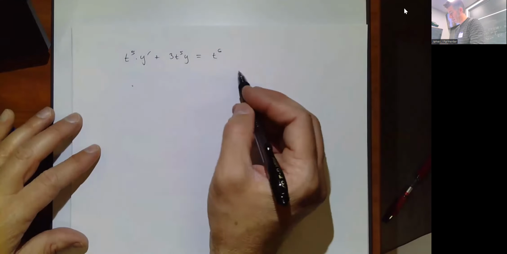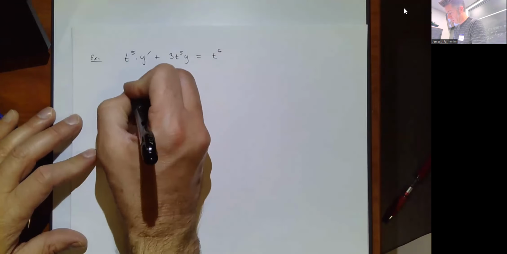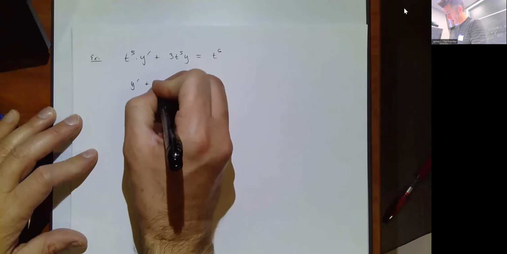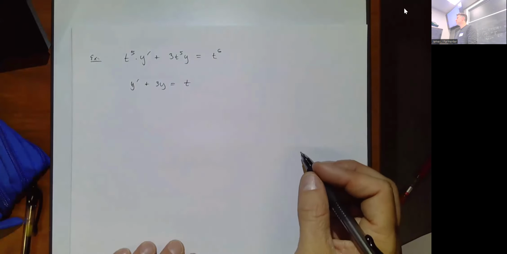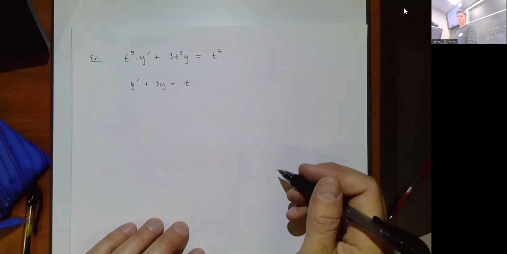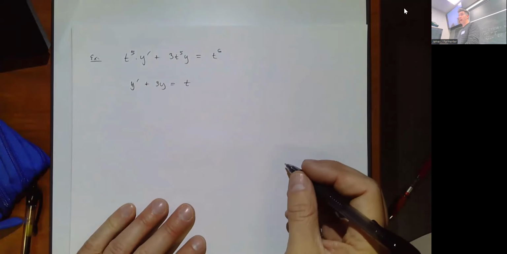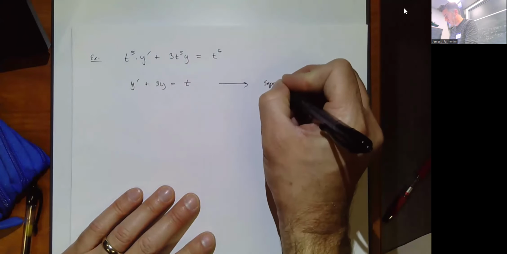Is this separable? It might actually be separable. We'll talk about that in a second. If I divide everything by t to the 5th, we're going to get y prime plus 3y equal to t. I don't think it is separable, actually. I really don't know until I do this, so it is worth asking the question.